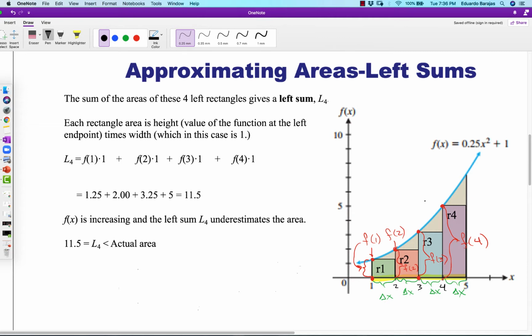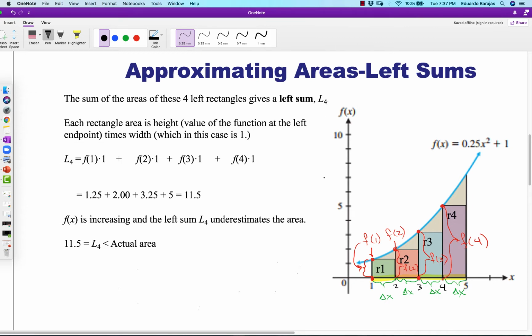The left is referring to the fact that the height of the rectangle was determined by using the leftmost point in the base of each rectangle. So we adopt this notation of capital L subscript 4 to let us know that we're using the left endpoint rule to determine the heights of each rectangle, and that we're approximating our area with four rectangles. That's what this capital L sub 4 refers to.